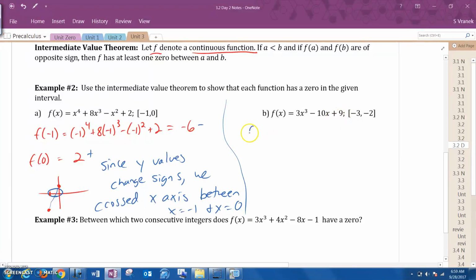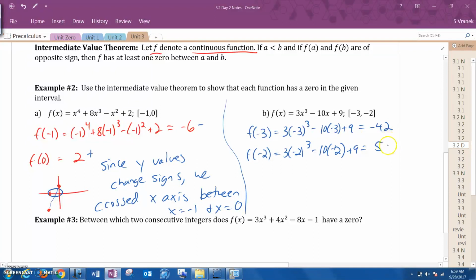Now we do the same thing here. We have to show that the graph crosses between -3 and -2. So you just plug in -3 and see what the y value was. When you do all that math, you get a big negative number, negative 42. And then when we move over to negative 2 for the x, we get a value of 5.